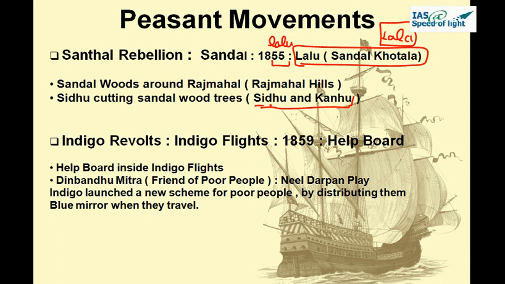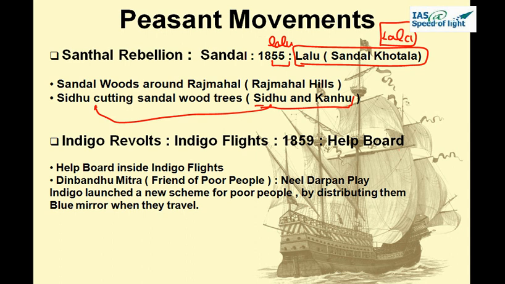From Sidhu we get Navjot Singh Sidhu, cutting sandalwood trees. So you can see Sidhu having an axe in his hands, trying to cut the sandal trees. So Sidhu becomes Navjot Singh Sidhu, relating it with sandal, that is Santhal rebellion. And Sidhu and Kanhu were the two leaders who were associated with the Santhal rebellion.